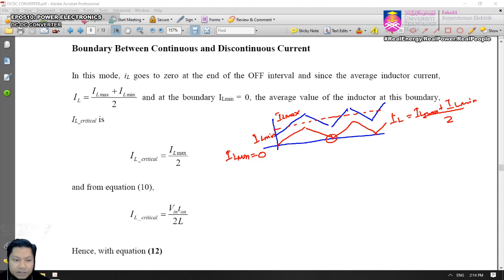So IL min equals 0, and then we have IL critical equals IL max divided by 2. From equation 10, if you refer back and substitute that into equation 10, then you have IL critical equals V in T on over 2L, right?